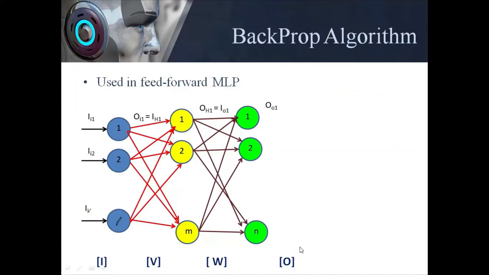Now with this knowledge, let's start with the backpropagation algorithm. For that, consider a feed-forward multi-layer perceptron network in which we have 3 layers. Let the structure be L cross M cross N, where L is the number of neurons in the input layer, shown by these blue circles in the figure.